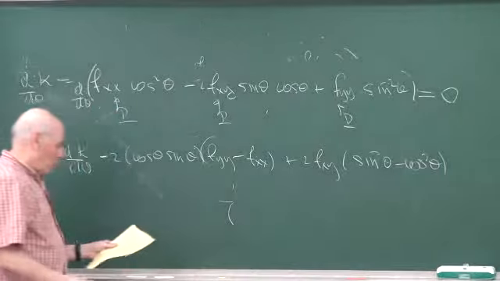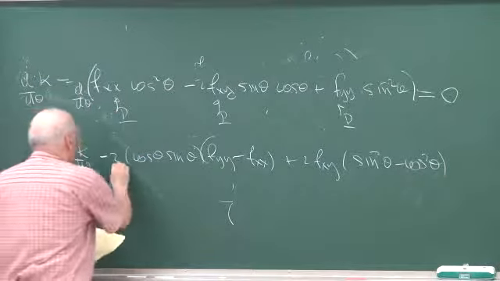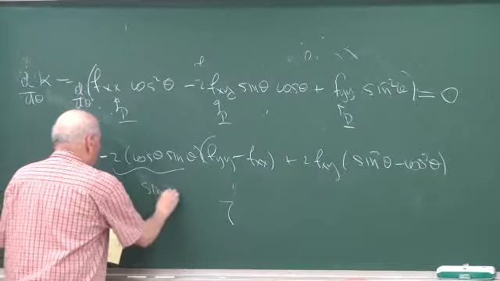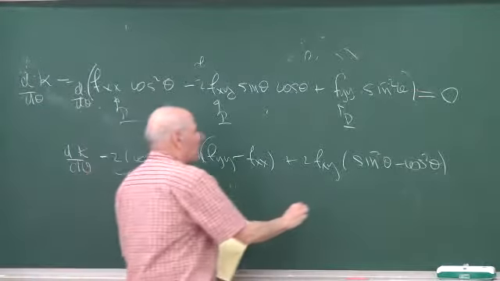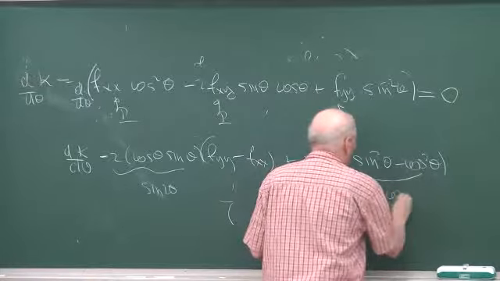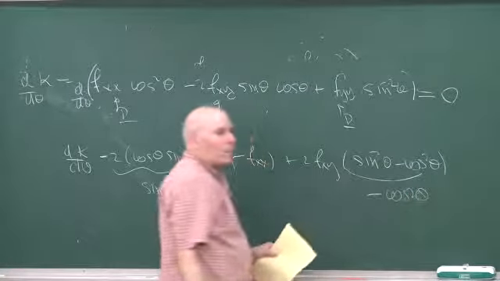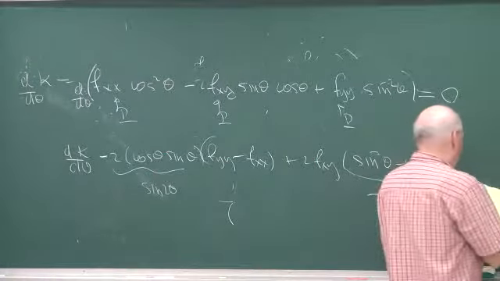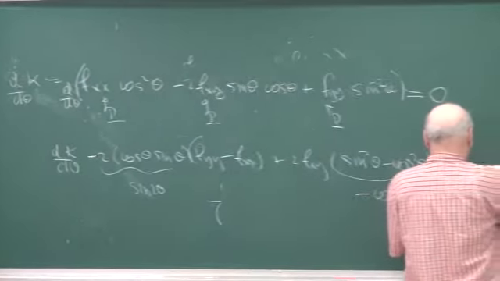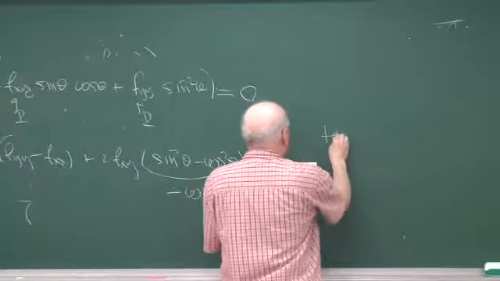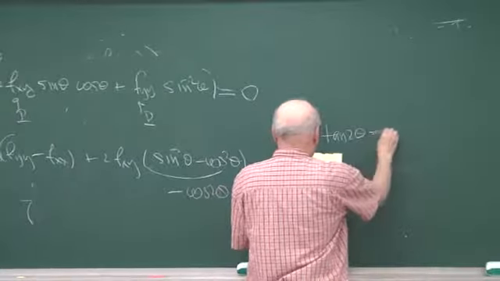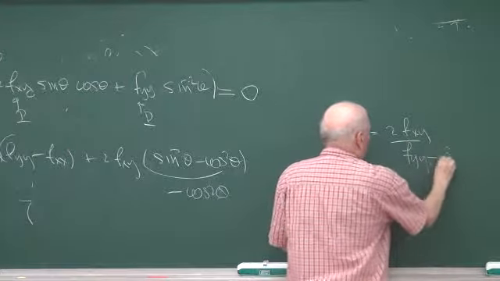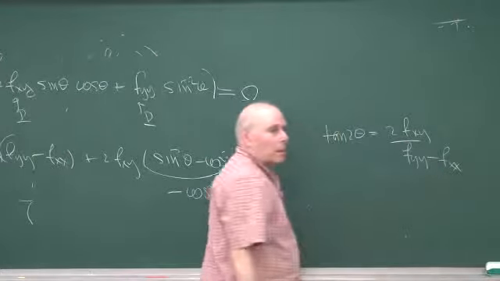Then you remember the double angle formulas. So this becomes sine 2 theta, and this becomes minus cosine 2 theta. So it says d kappa d theta equals 0 when tangent 2 theta equals 2 f sub xy over f sub yy minus f sub xx.